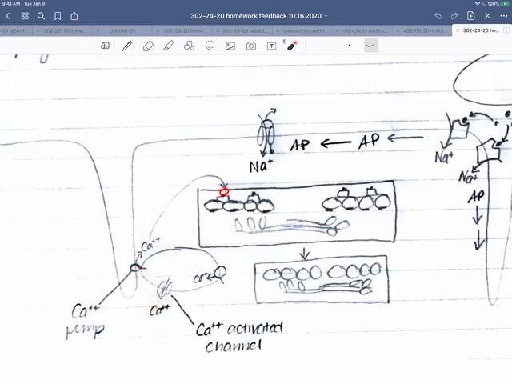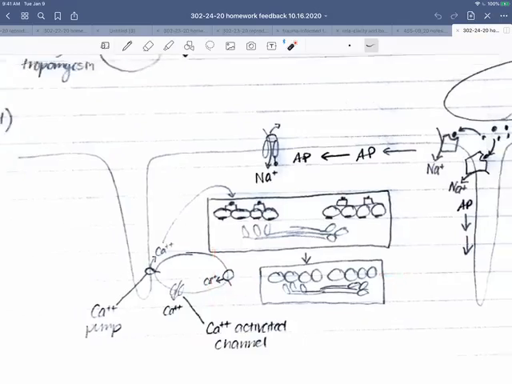That calcium binds to troponin. That exposes the binding sites. Here's the tropomyosin pulled off. Here are the binding sites for myosin. That allows contraction, and upon contraction, we start off with the myosin heads at the ends here, but as we have repeated cycles of contraction, the ends of the sarcomere get shorter.